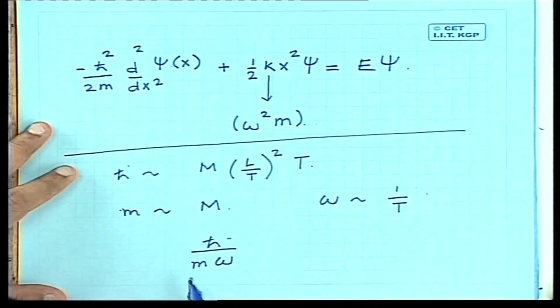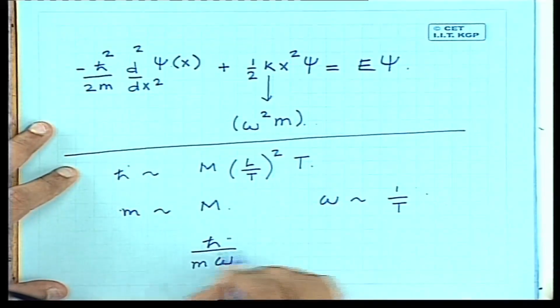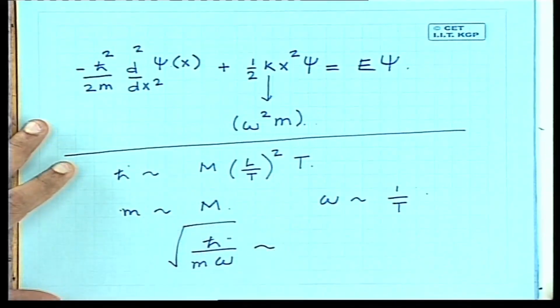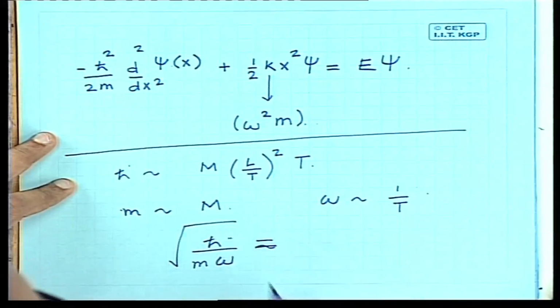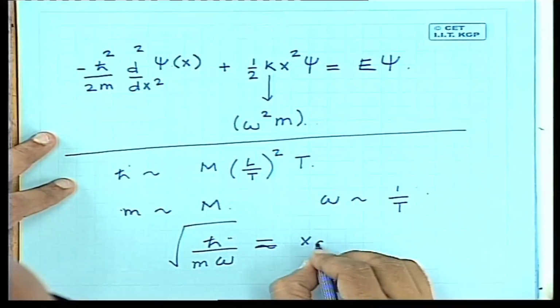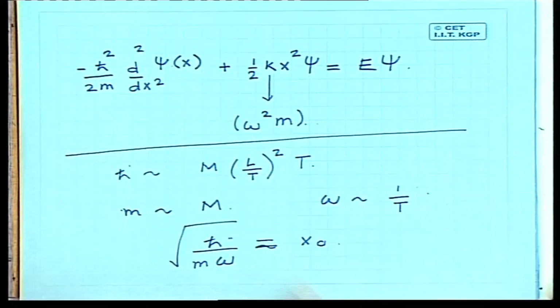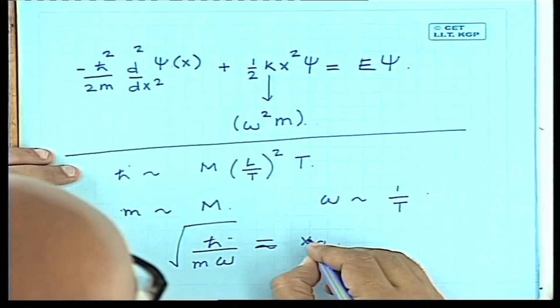So h cross by m omega will give us something which is L square. So the square root of this will give us something which is just position, and let us call it x naught, some typical length scale which appears in this problem. So in this problem there is one length scale x naught which appears.